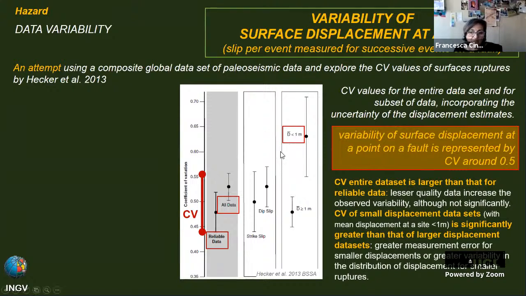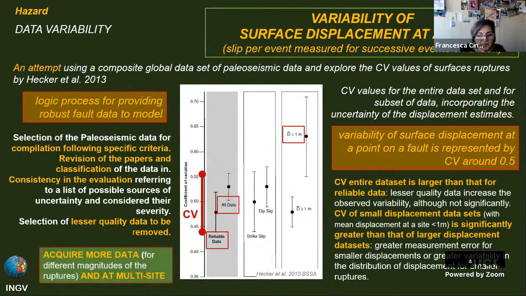And another observation is that the coefficient of variation of small displacement data sets is significantly higher than that of larger displacement data sets. This could be explained in two different ways: greater measurement error for smaller displacement, or greater variability in the distribution of displacement for smaller ruptures.